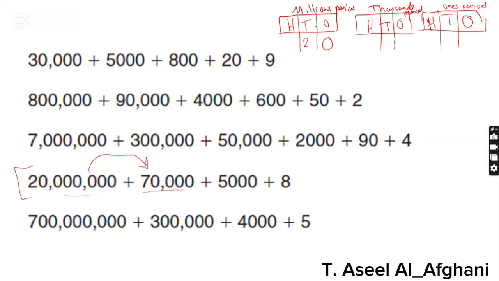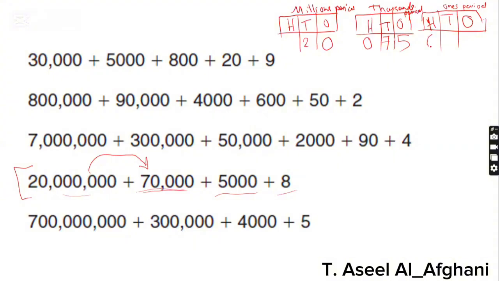What about 100,000s? Can you see any 100,000s numbers? No, so that means we have 0 100,000s. What about how many tens thousands do you have? Yes, I have 70,000. That means I have 7 tens thousands, right? And what about 5,000s? That means I have 5 ones thousands. And what about the next one, which is 8? Do I have any hundreds or tens in the ones place?